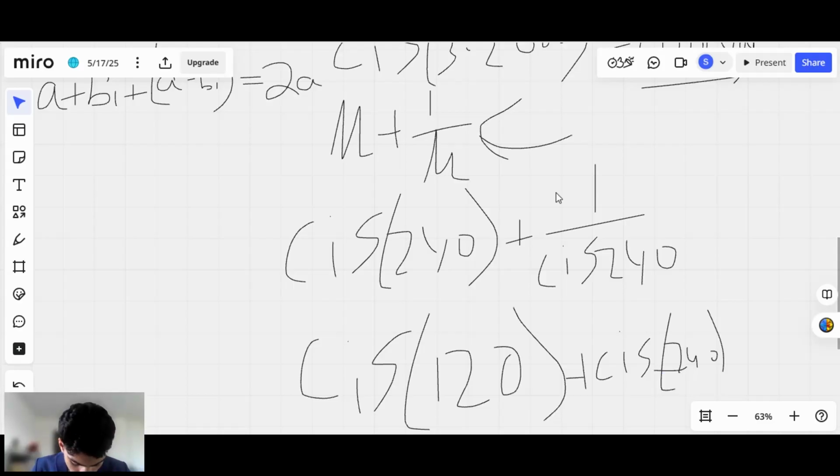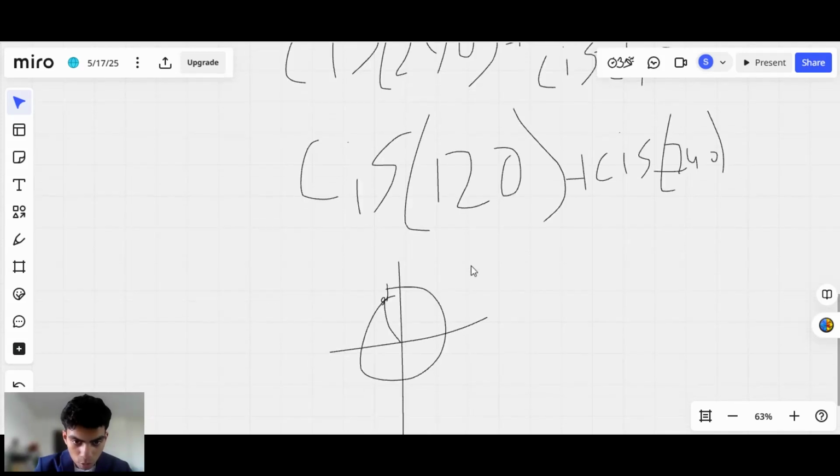Now we know what cis of 120 is because we can look at the unit circle, and that is going to be at this point there. Well, the cosine of 120 is going to be negative 1/2, and then the sine of 120 is square root of 3 over 2. So that's the point that we're going to be at.